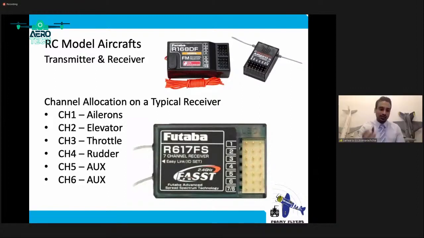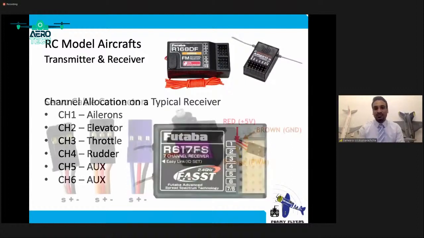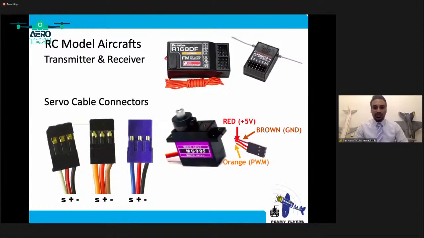So that's how it is when it comes to receivers. And then you have to wire it properly as well. When it comes to servos, you have this connector here, and it is always color coded. The normal color coding is white, red, and black.